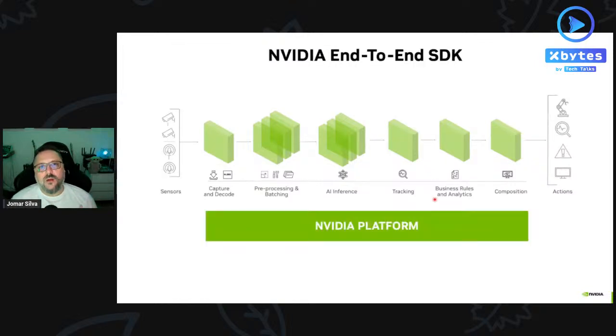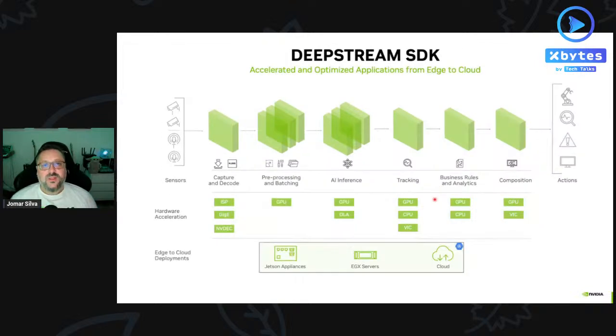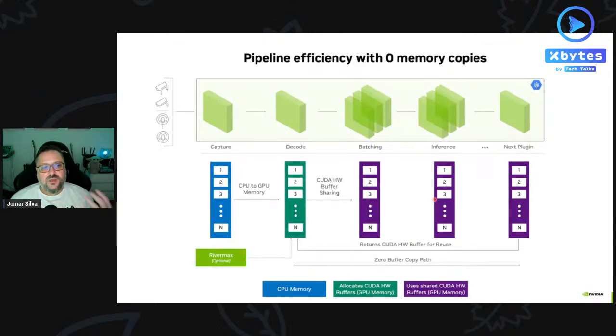This is exactly what we can do when we use DeepStream. DeepStream can use the best acceleration possible on each part of this processing. It supports running from edge to cloud, and it's very flexible. And why is this so fast? Because we just get the data at the beginning of the pipeline, and then we process everything with almost zero memory copies. The buffer is the same. We just pass to the other part of the processing a buffer to the same place in the GPU memory.